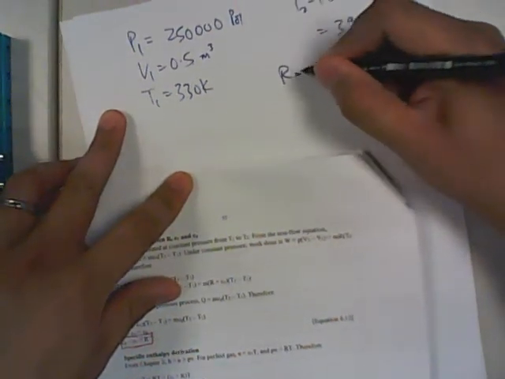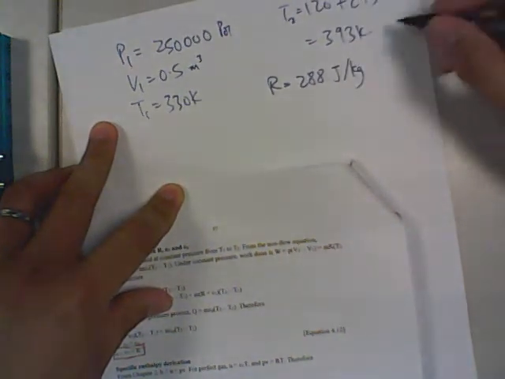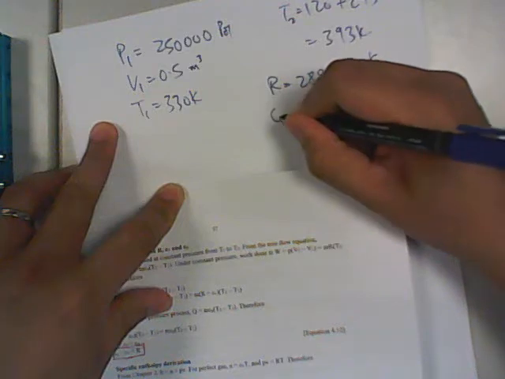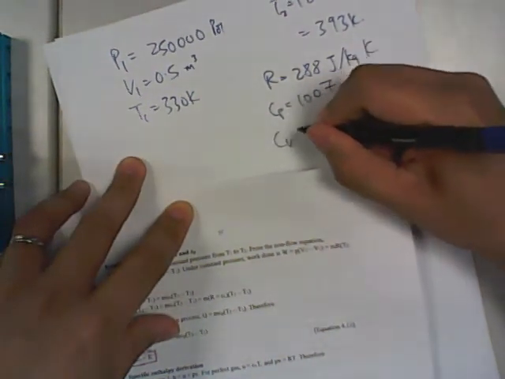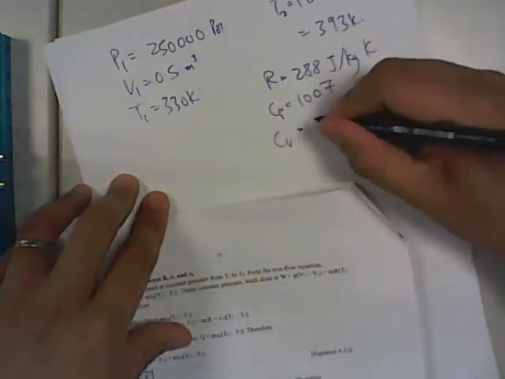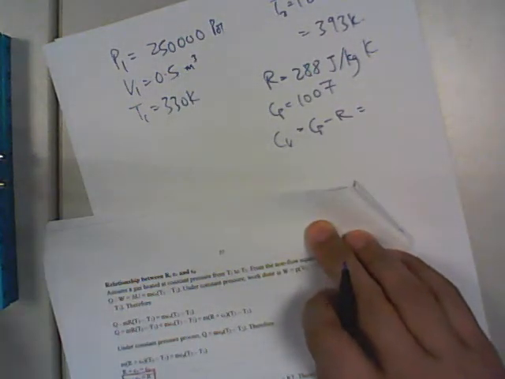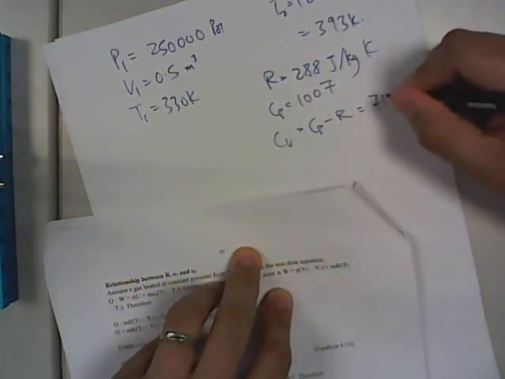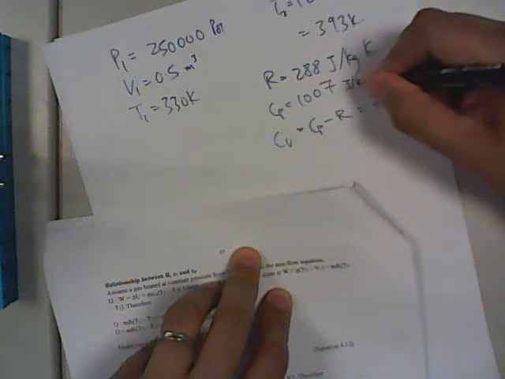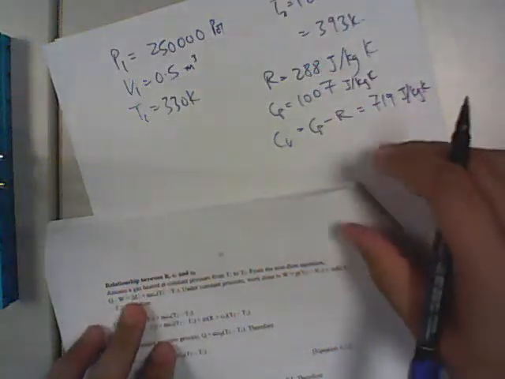And you know R is 288 joules per kilogram Kelvin. Cp is 1007. So Cv is Cp minus R, 719. Okay, this is also joules per kilogram Kelvin.